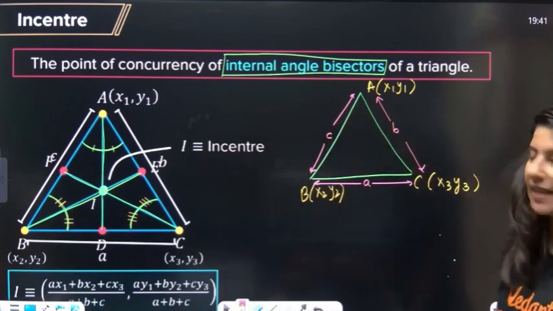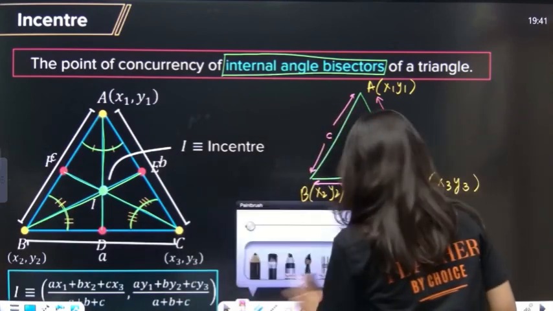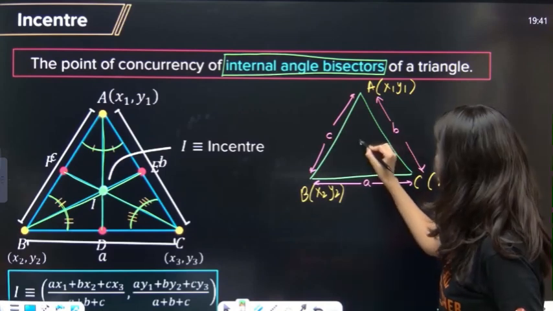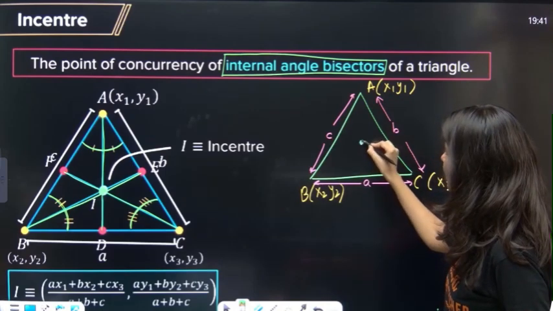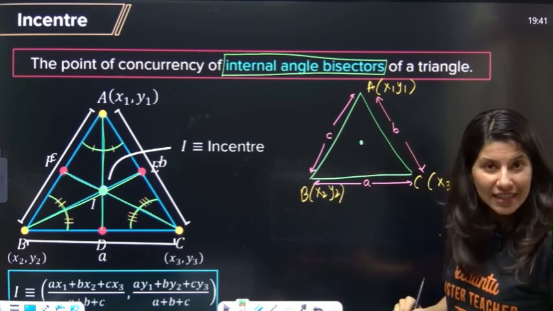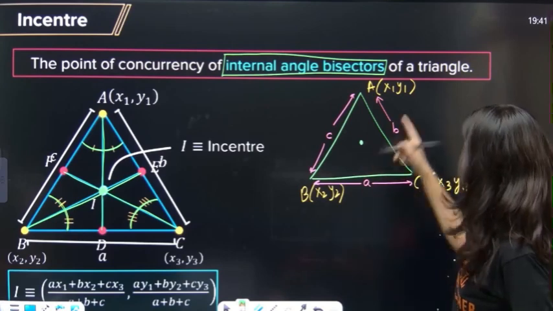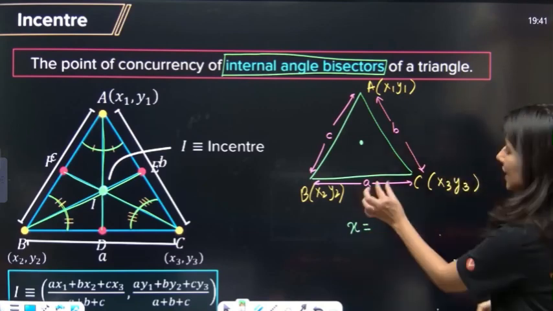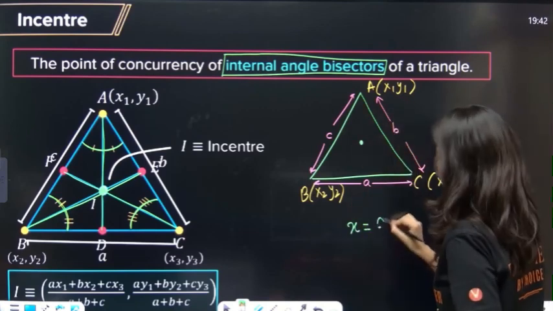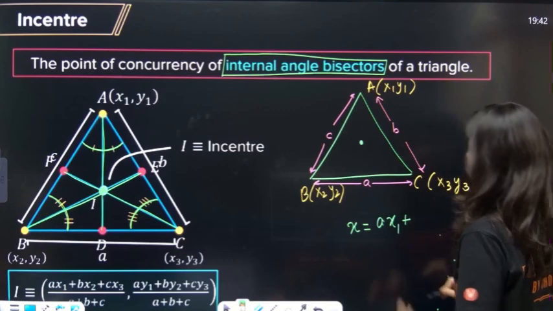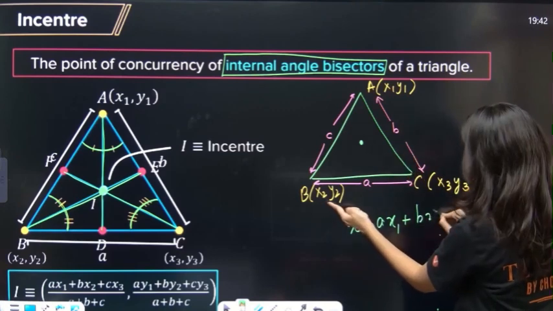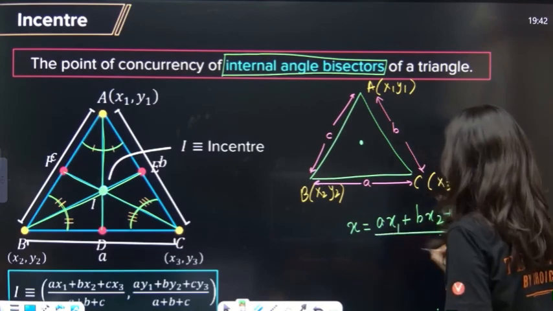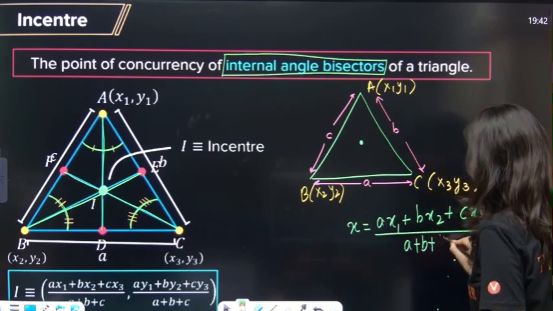Now, understand what is happening over here. This particular point is your incenter. The formula is: incenter x coordinate will be a times x1 plus b times x2 plus c times x3, whole upon a plus b plus c.